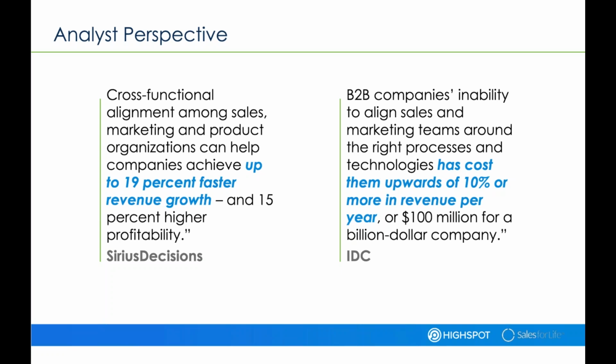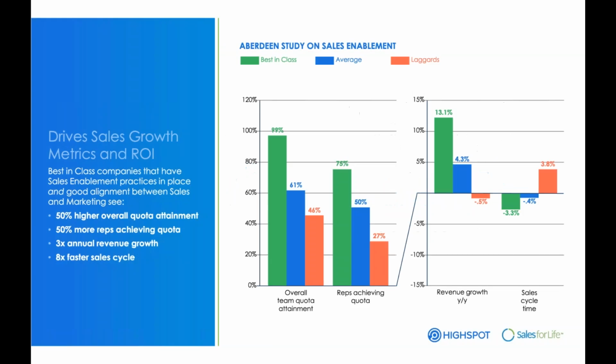And Haley, tell us a little bit about what you're seeing here. Yeah, so we've really seen the early adopters and the best-in-class companies that do have a sales enablement practice in place, and where that function is really used as a way to better align the sales and marketing functions.